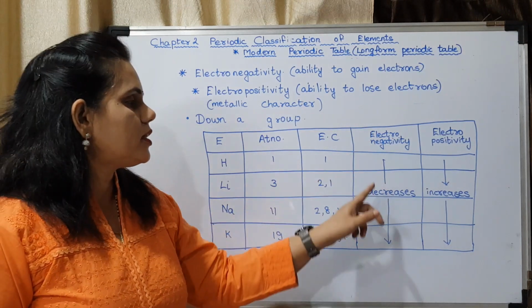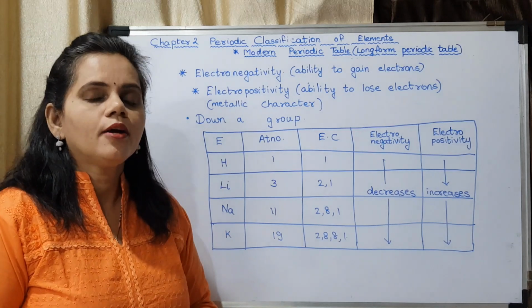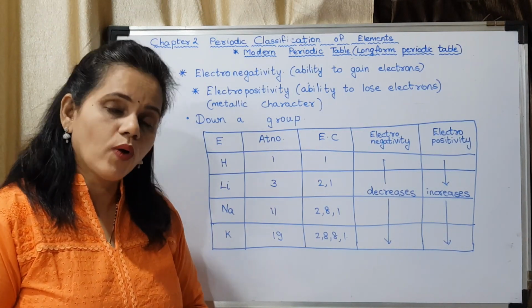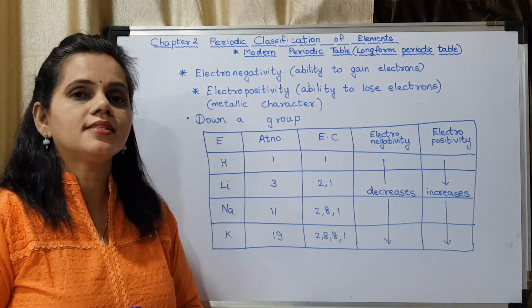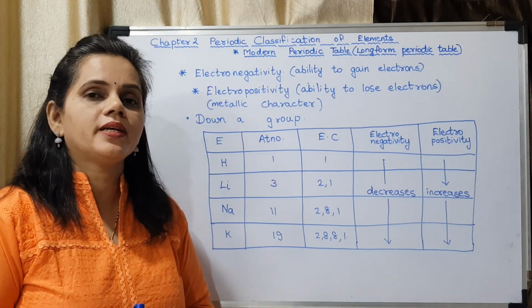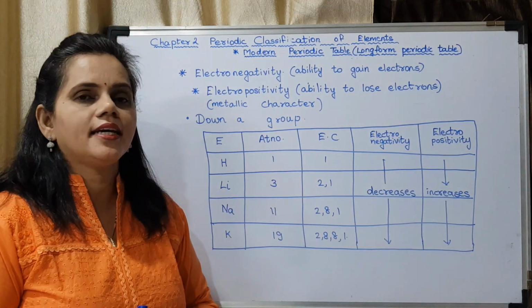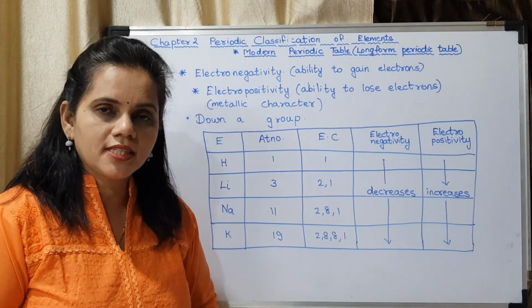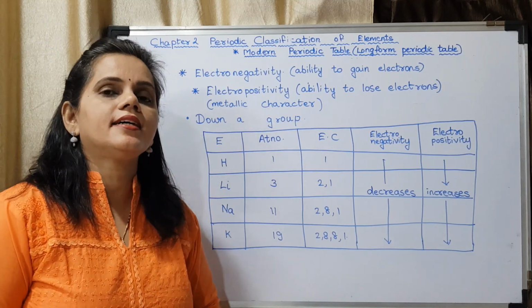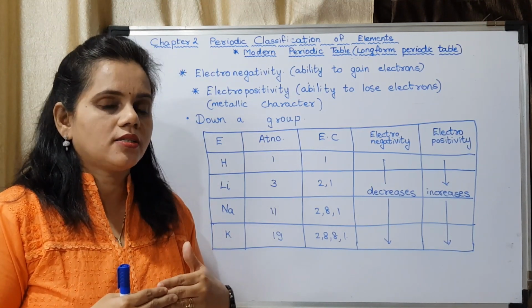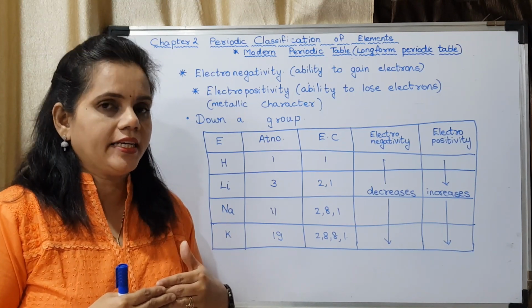So electronegativity decreases, because the ability to gain electrons decreases, because the number of shells and the atomic size increase. What happens to electropositivity? It is the ability to lose electrons. It will increase because the atomic size goes on increasing.